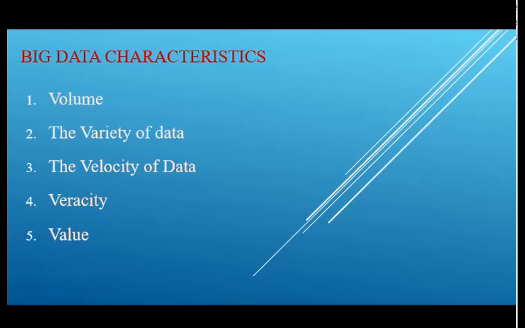The last one, value. Value is a major issue we need to concentrate on. It is not just the amount of data that we store or process. It is actually the amount of valuable, reliable, and trustworthy data that needs to be stored, processed, and analyzed to find insights. This is all about big data characteristics.